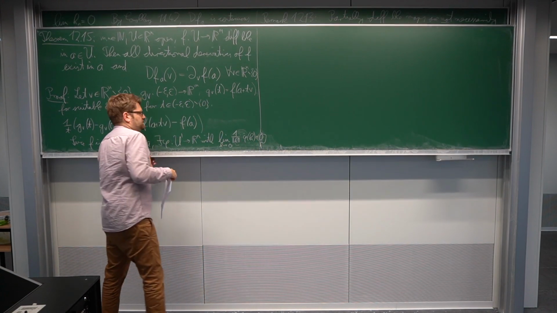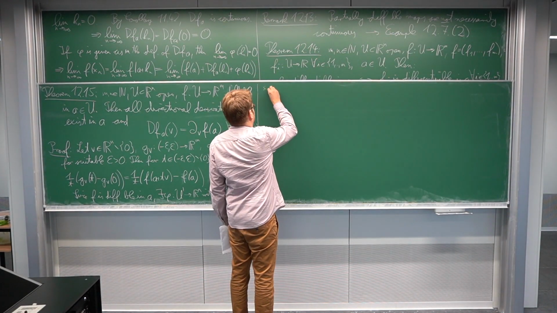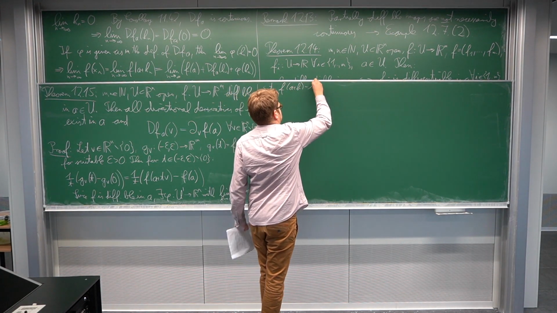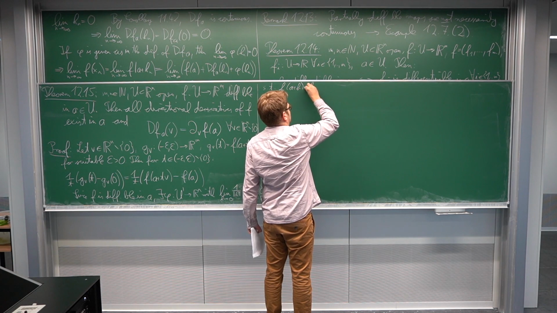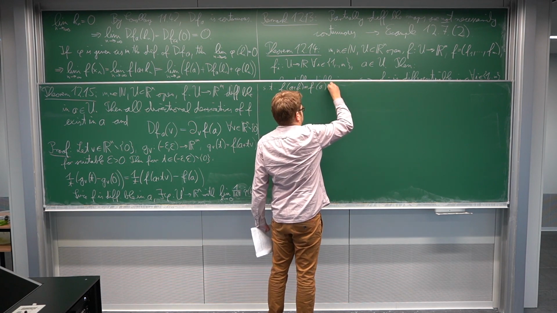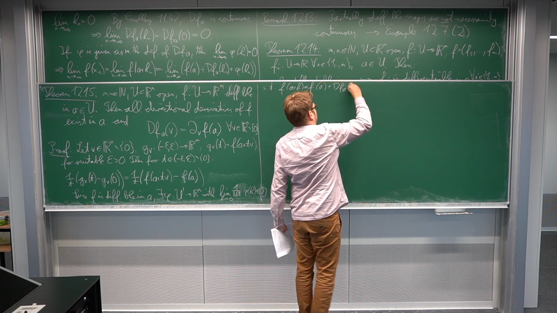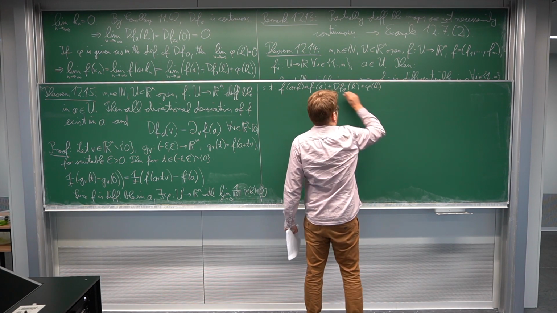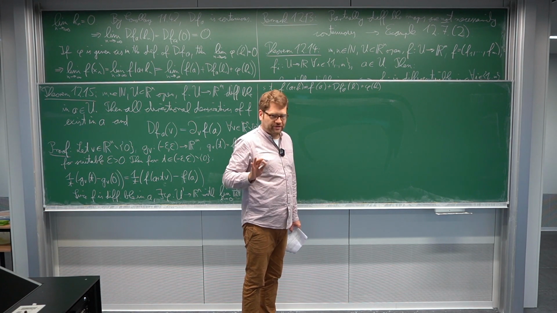So there exists a map such that f of a plus h equals f of a plus dfa of h plus phi of h.